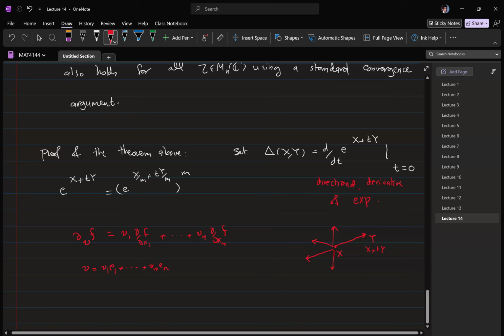This is calculus again, right? The directional derivative is linear in the direction. All right? So now what this means is that, in fact, this delta is linear in y. Okay?